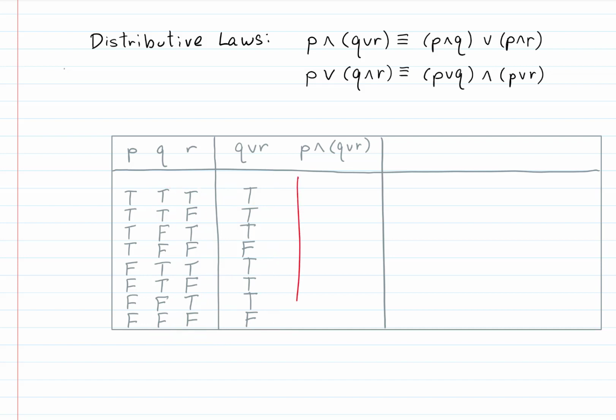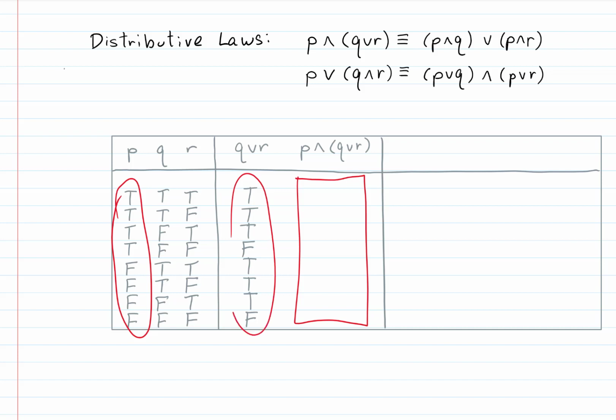Okay, and now we'll do P and this. That's a conjunction of two things. It's only true if both components are true. So when does that happen? That happens here. And it happens again here.